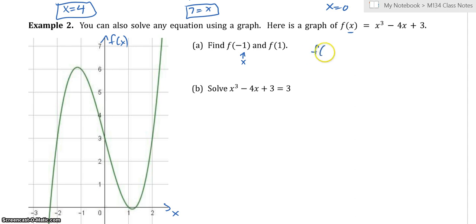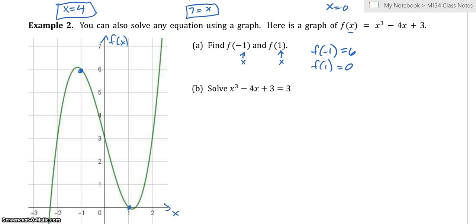So f of negative 1, we know is, you look at where the x is negative 1, so it's this point right here, and you look at the output, the f of x, and the answer is 6. Similarly, f of 1, oh, that is just 0. Because f of 1 is just right on that line there. Again, this is the x, and we're looking for the whole output.